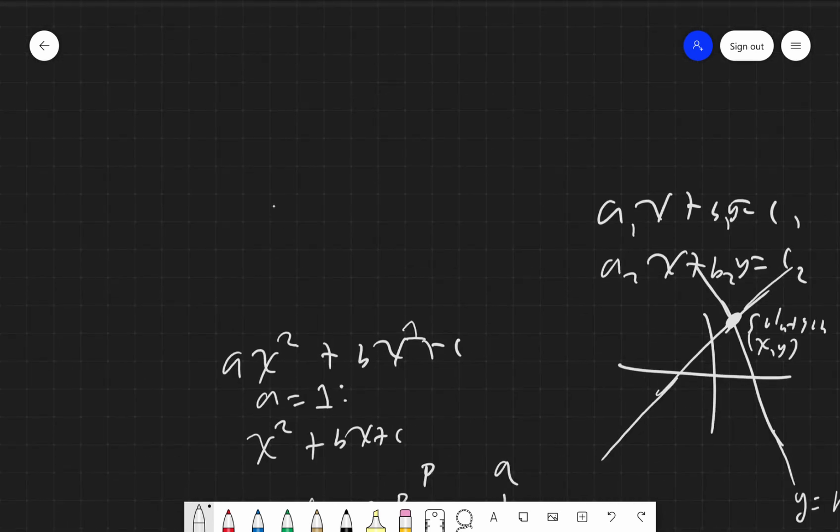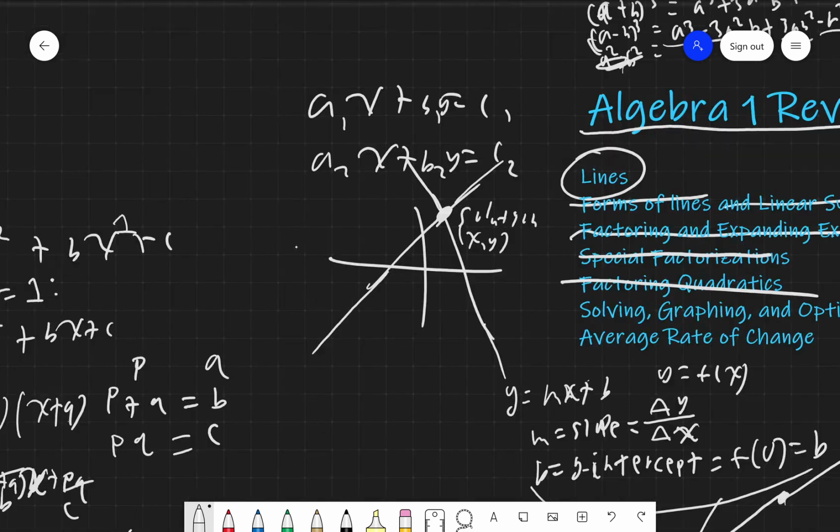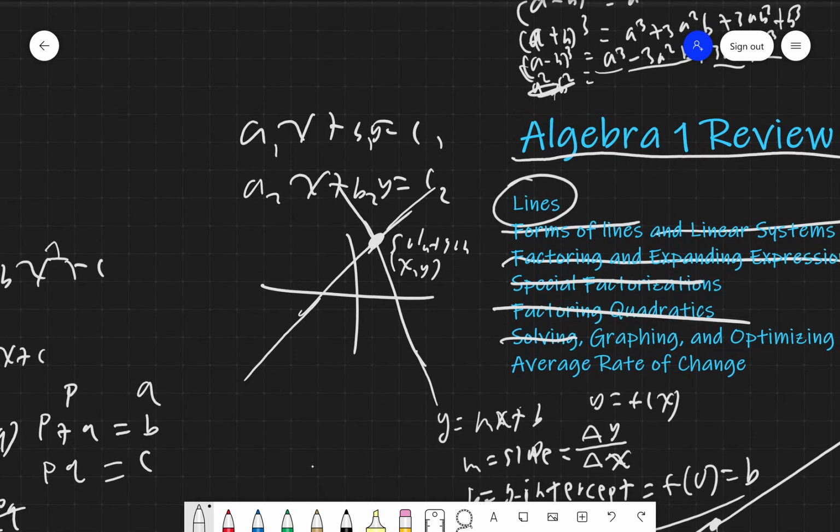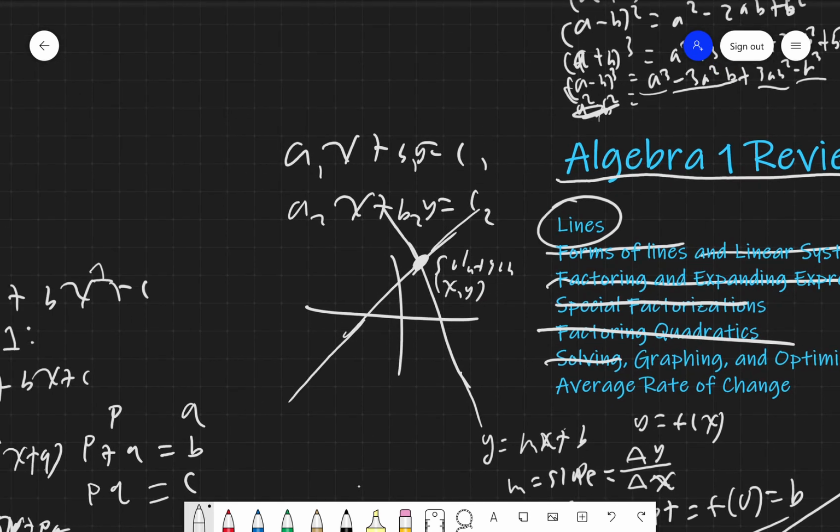So we've done solving. Now graphing and optimizing. We're going to finish solving in a bit.